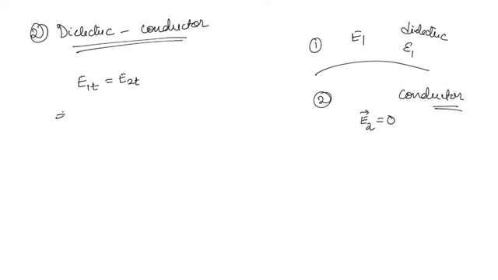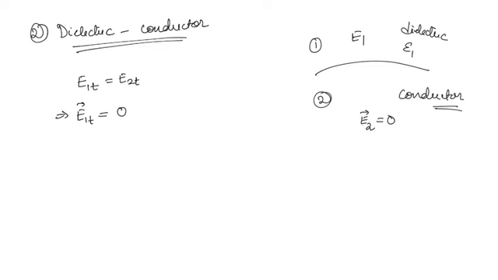So what will happen to the tangential component of electric field? This is also going to be 0. So there will be no tangential component. You can use the line integral as well, integral E bar dot dl, and you can get the same result, just like in the previous case.